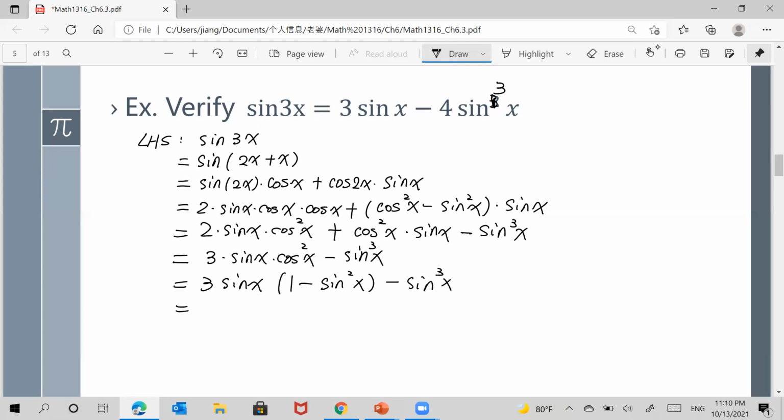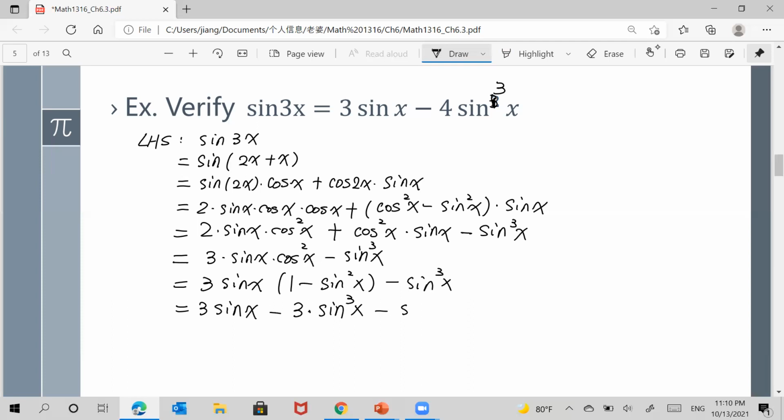Distribute the 3 sine x: 3 times sine x minus 3 times sine x cubed, because this is sine x times sine x squared, so the power is 3, since 1 plus 2 is 3.